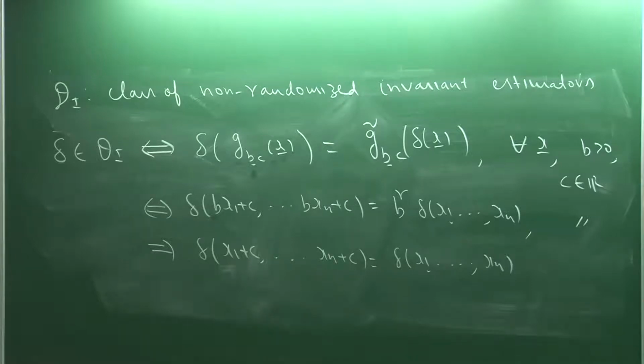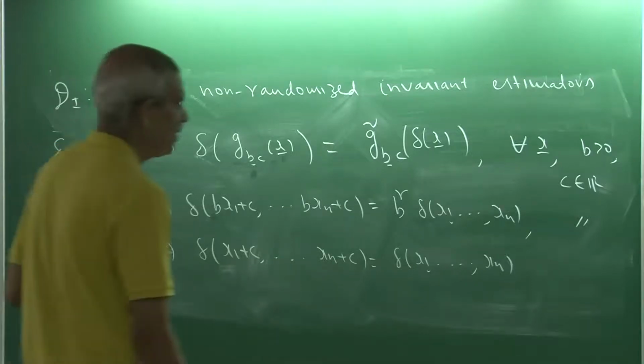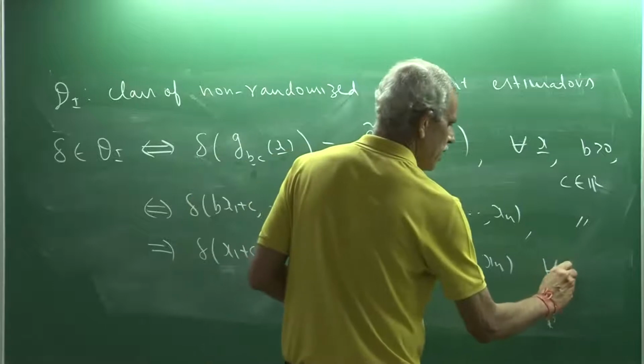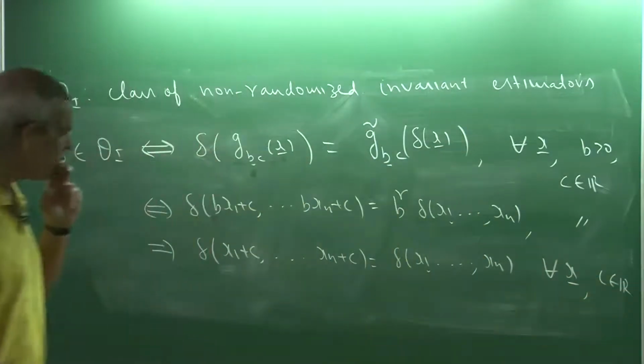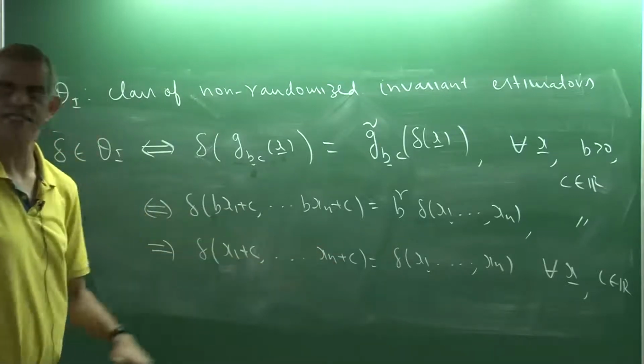So I've got one degree of freedom over here for every x and c belonging to R. So what I do is I take c to be minus xn.